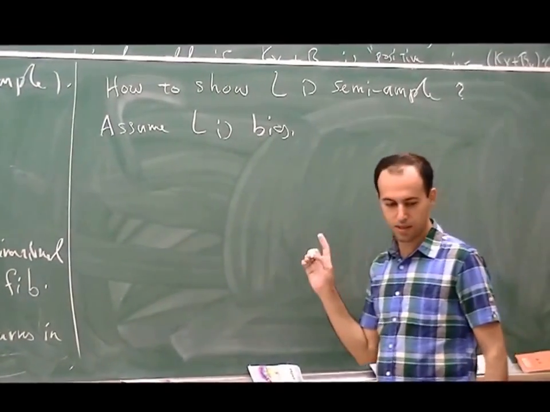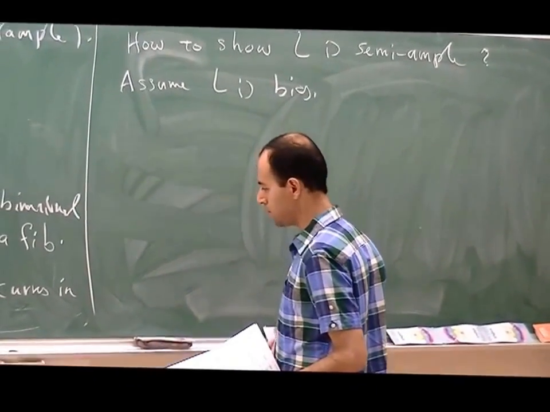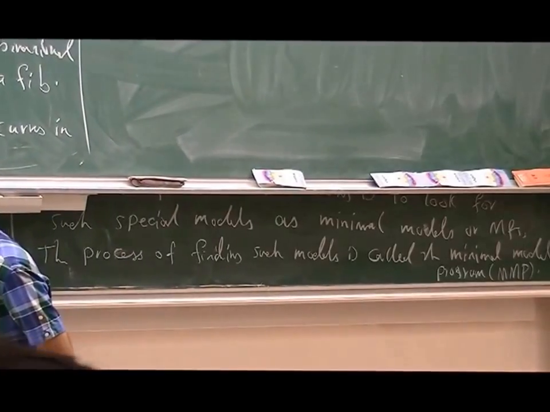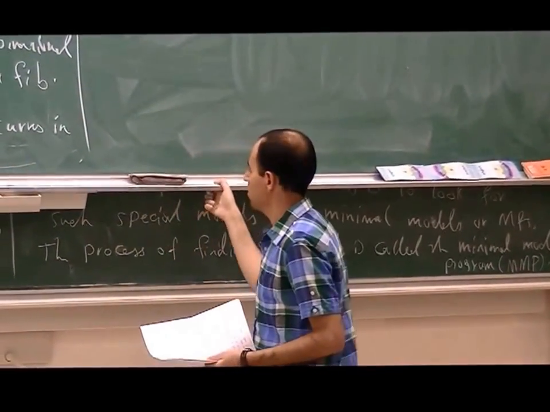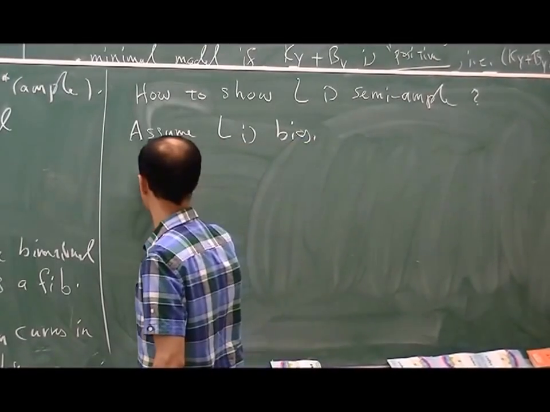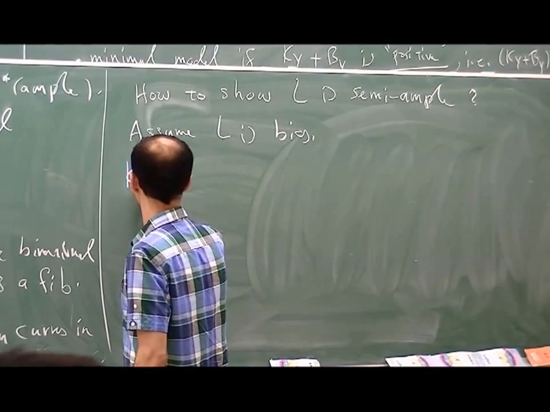Now, in this case here, I need to use a very important theorem of Keel, which is actually central to this whole story of all these lectures. So it's a good place to remind you of this theorem. This is the freeness theorem of Keel.